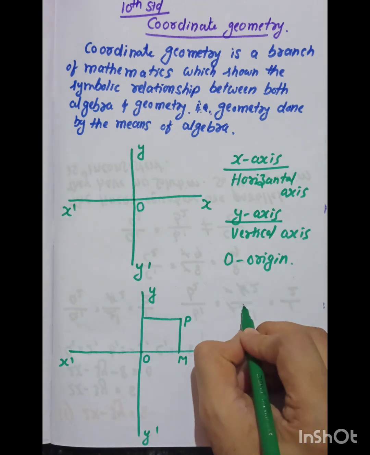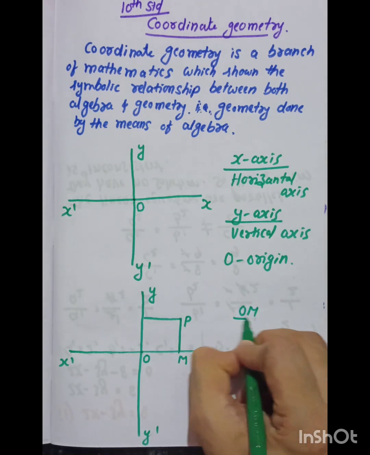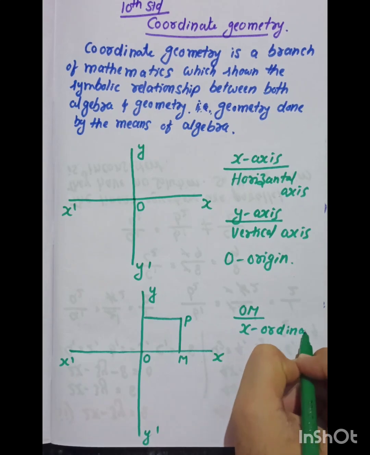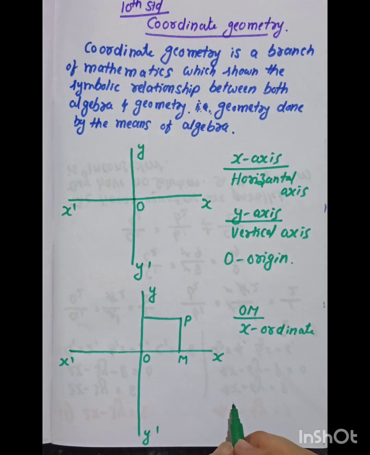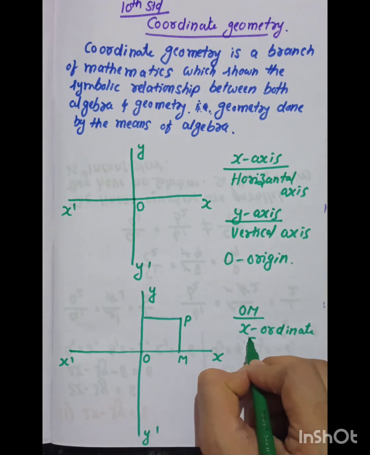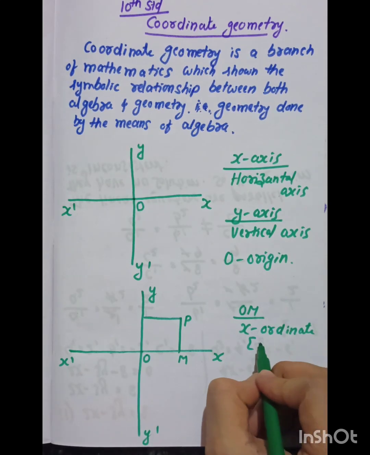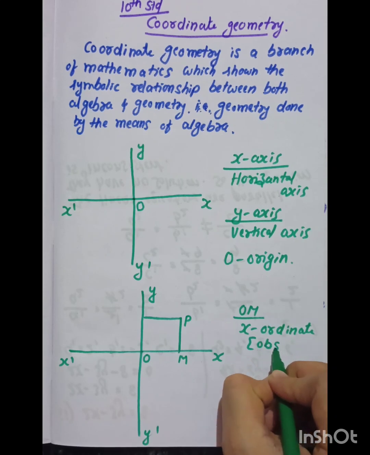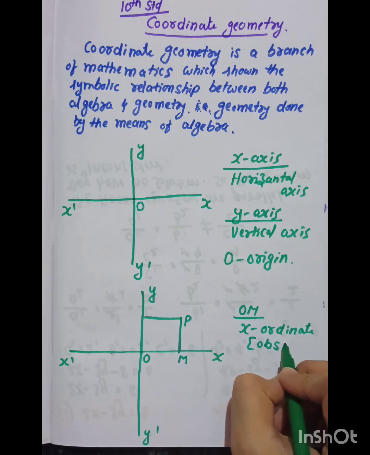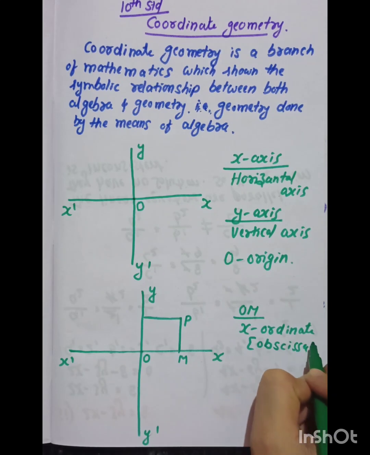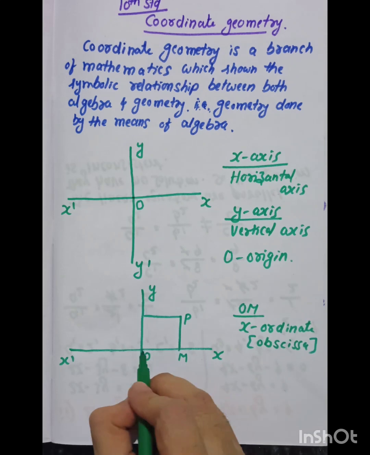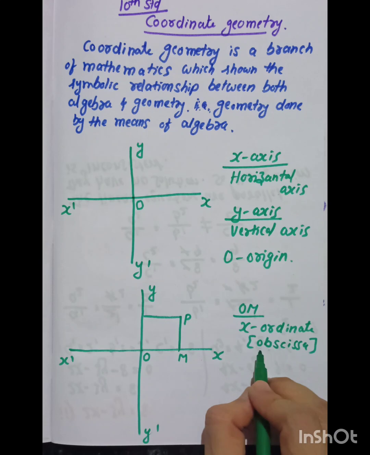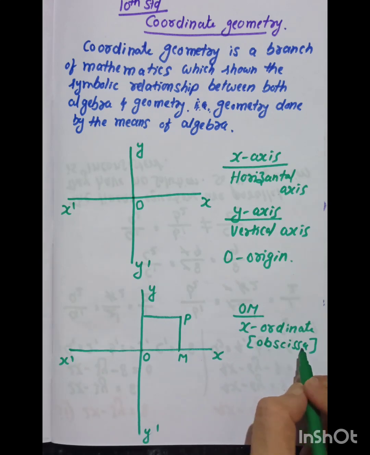So I will write: OM is called x ordinate, or you can also call it abscissa. So this OM is called x ordinate because it is on the x axis, and it is also called by another name, abscissa.